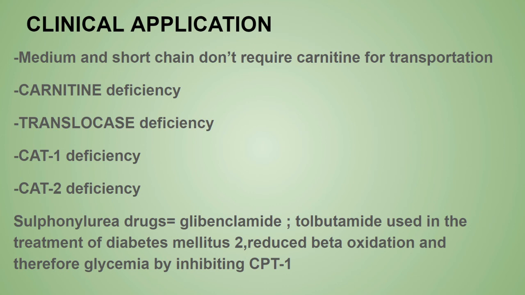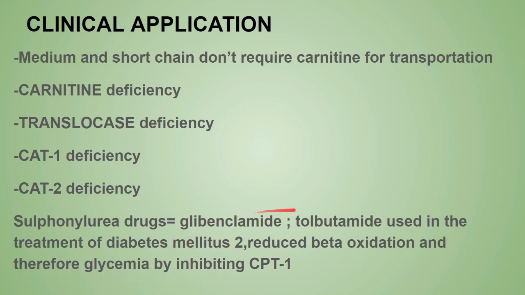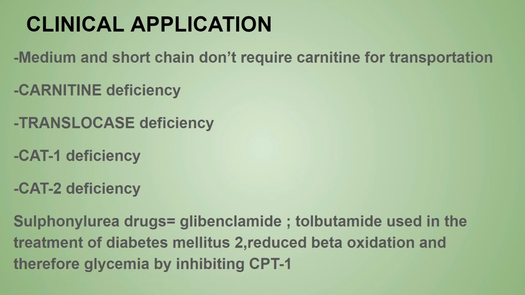It is not because of the deficiency of insulin, but because of the GLUT4 transporter which is not present in the skeletal muscle. Just remember the names, glibenclamide and tolbutamide. They cause reduced beta oxidation and therefore hypoglycemia by inhibition of CPT1. So this was all about the preparative steps for beta oxidation.